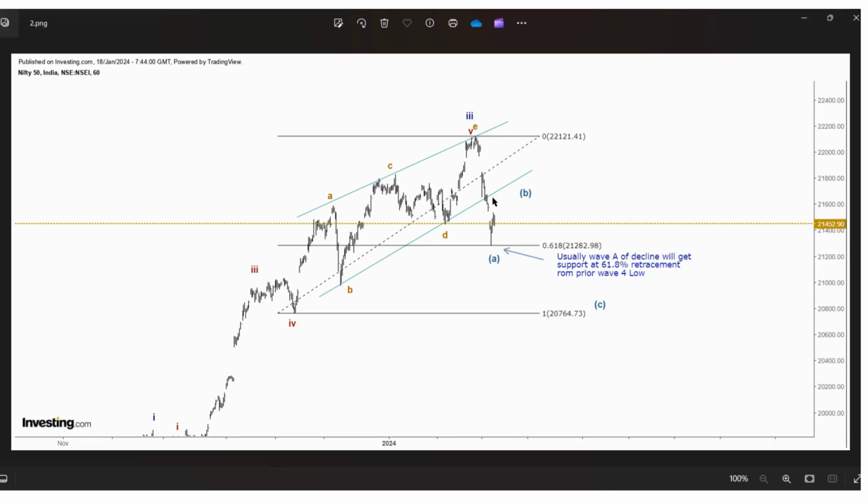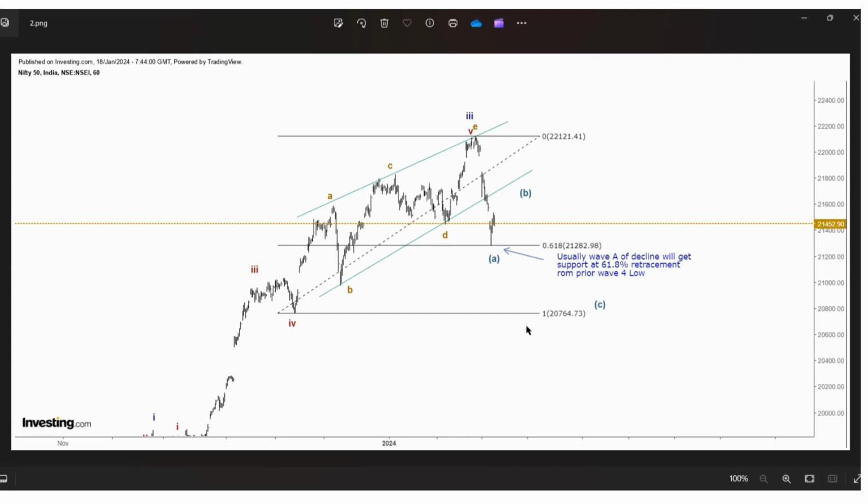If it is 3, it can be a flat, and a 3, 3, 5 may proceed. That is, the B wave may retrace more than 61.8%. If you find a 5-wave structure, then it is a zigzag. We can expect a 38% to 61% retracement in the B wave, and the C wave may proceed further. This is the understanding.